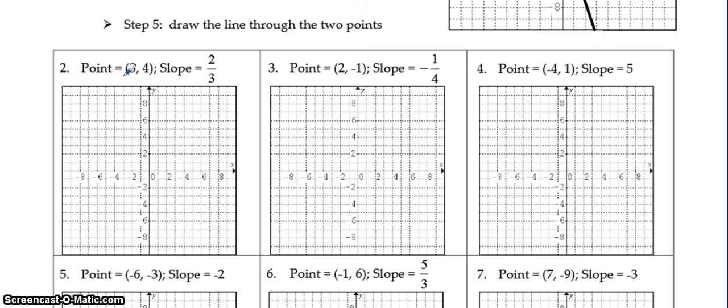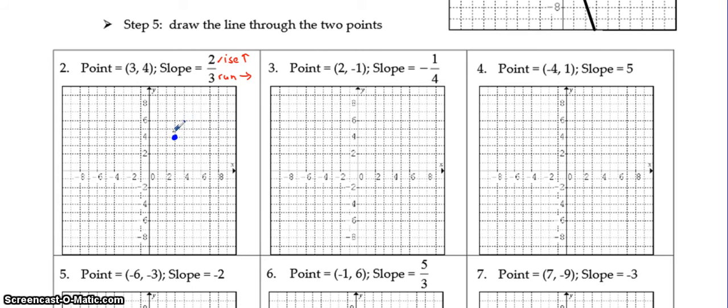Example 2, plot the point at 3, 4. So 1, 2, 3, 1, 2, 3, 4. 2 is your rise, so you want to go up because it's positive. 3 is your run, so you're going to go to the right because it's positive.